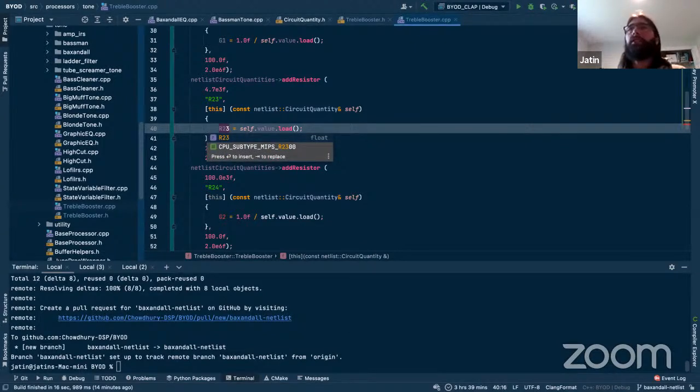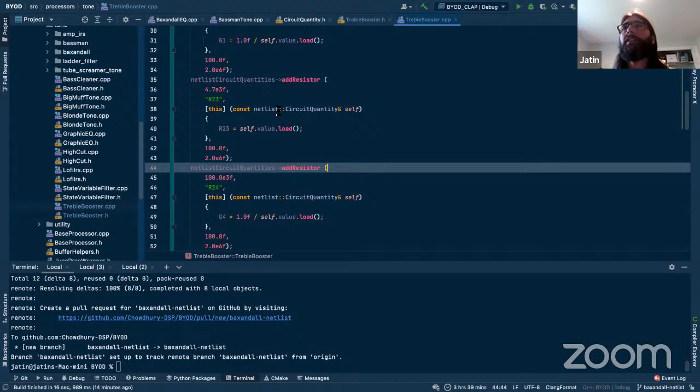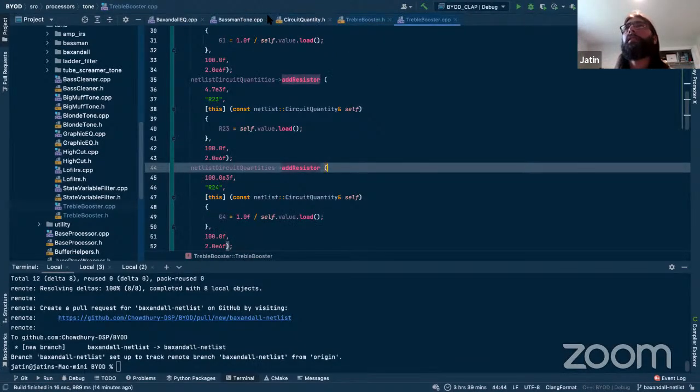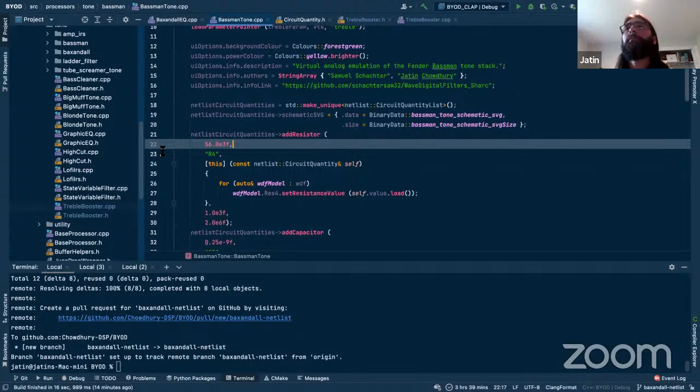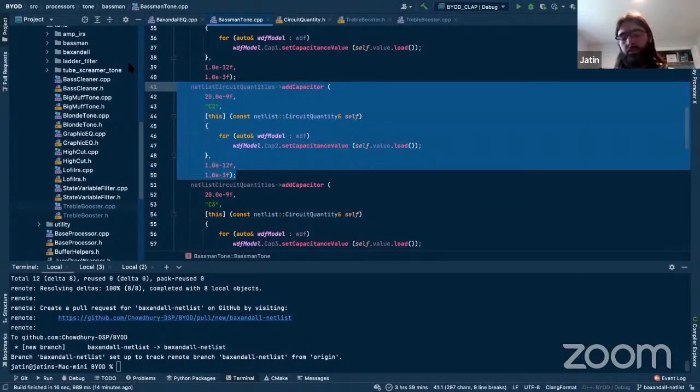And then let's go ahead and do the capacitor too, since we're here. Oh, oops, that's G4. Yeah, okay. All right, so the capacitor is 3.9 times 10 to the minus 9.